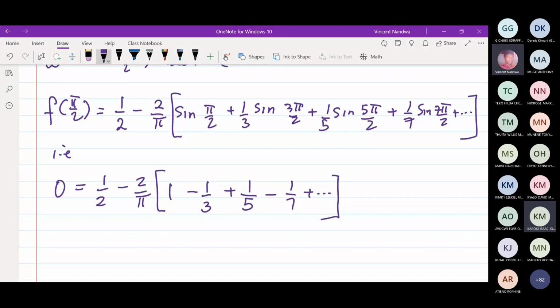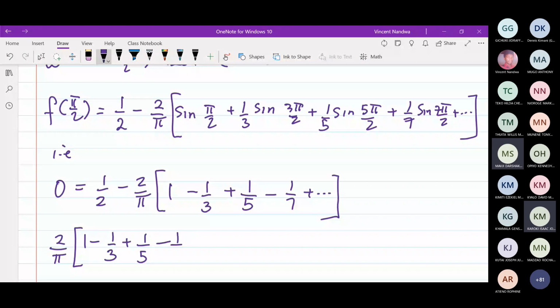To get the value of the series is just to make the series the subject of the formula. So taking this to the left, I'll have 2 over pi, 1 minus a third plus 1 over 5 minus 1 over 7, which should give me 1 over 2.